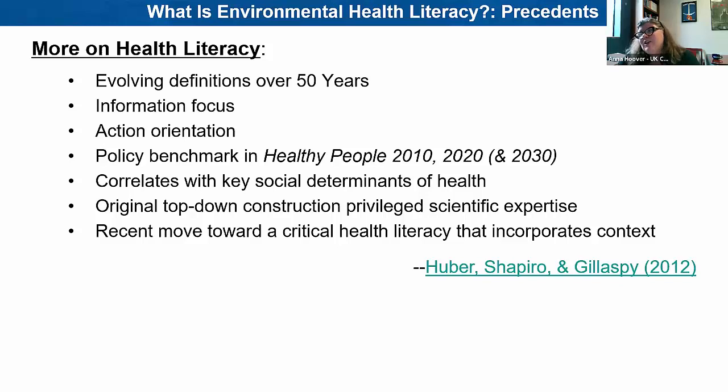And we know that education correlates with other kinds of social determinants of health, such as socioeconomic status, rurality, a number of different dimensions of social determinants that affect how healthy people can be, because it affects their opportunities and constraints within the systems and places where they live. Again, context, right? So again, in recent years, we've seen that pivot toward critical health literacy that incorporates context a bit more.